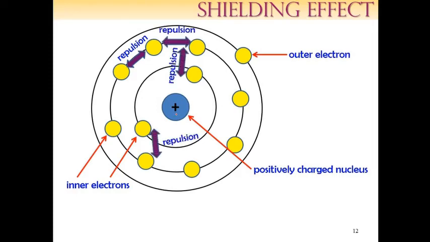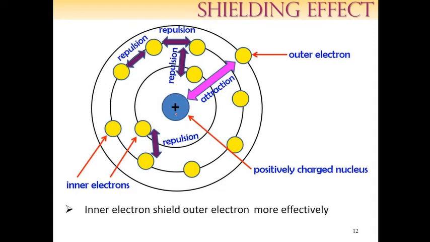So all the inner electrons experience repulsion between themselves and also repulsion from the electrons in different shells. So the inner electrons will shield the outer electron from the attraction of the positively charged nucleus. The inner electrons shield the outer electron more effectively, so the outer electron feels less attraction from the nucleus.